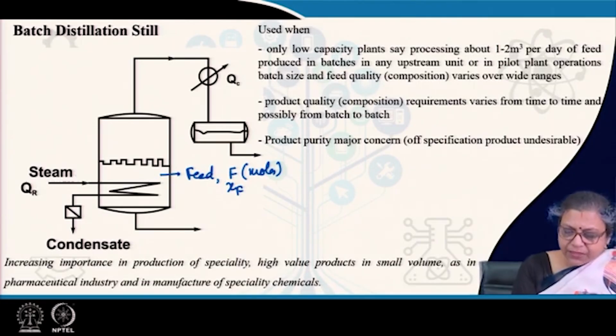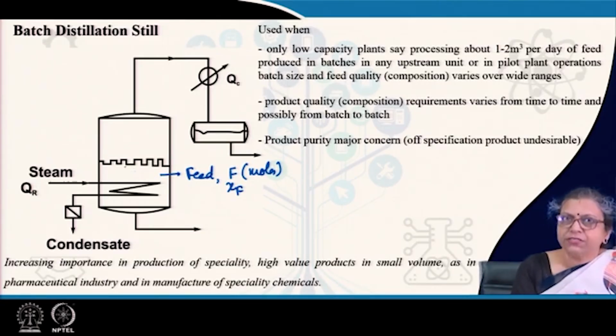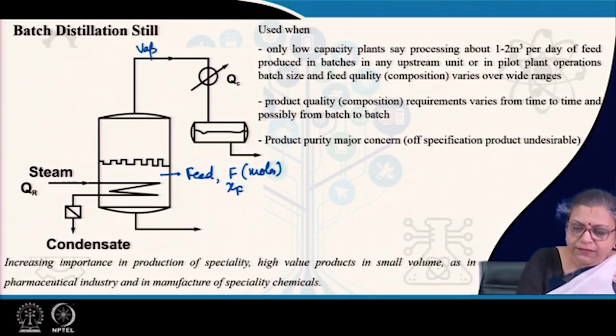It is the steam. The steam heats it, the condensate of the steam is collected, and as it gets heated, gradually the feed reaches its bubble point. Once it reaches its bubble point, vapors start generating. What happens to these vapors? They start rising through the vapor overhead line. This was mentioned in the introduction part as well.